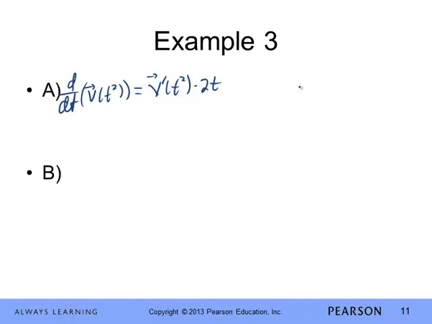Now if you look in your book, you see that v of t is equal to sine of t i hat plus 2 cosine of t j hat plus cosine of t k hat.